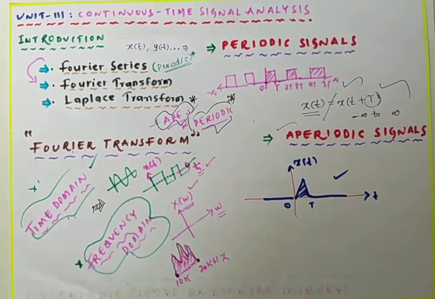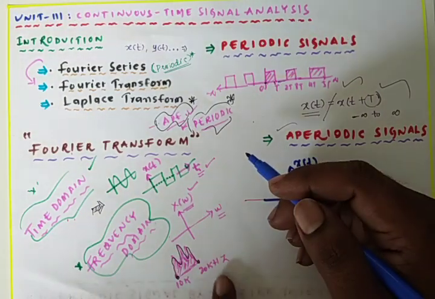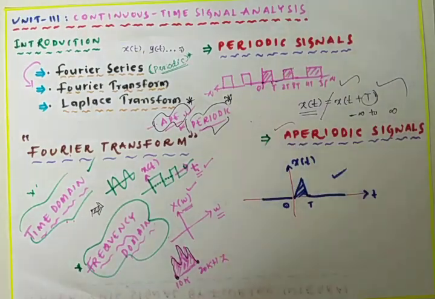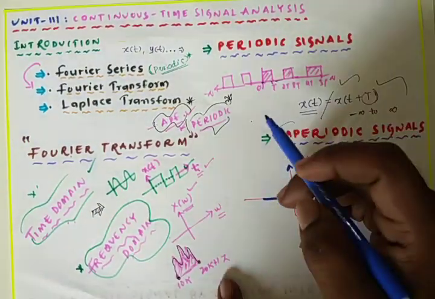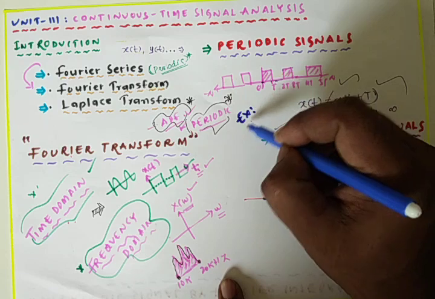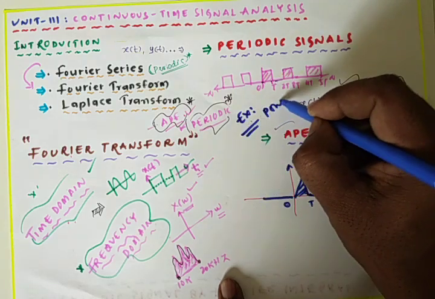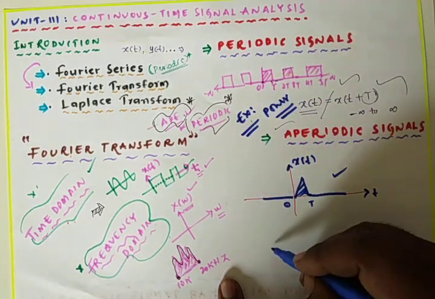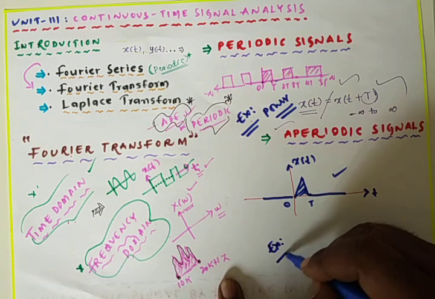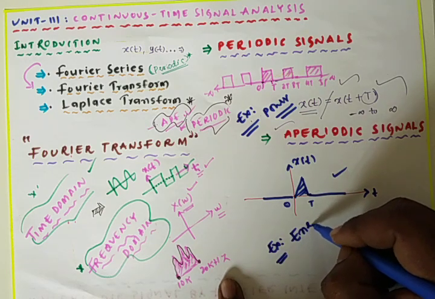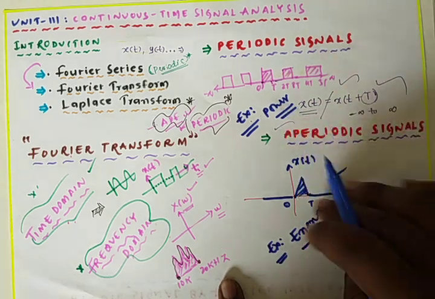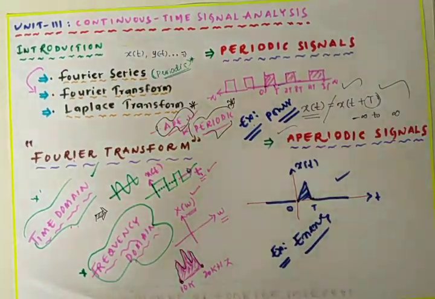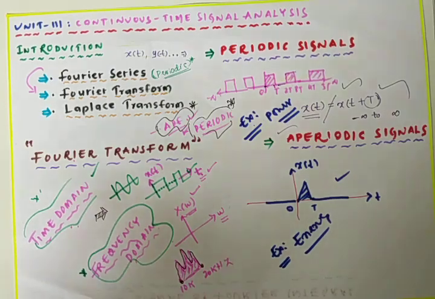Normally all power signals are periodic signals. And the best example for aperiodic signals are energy signals. We have discussed power signals and energy signals in the first unit itself.